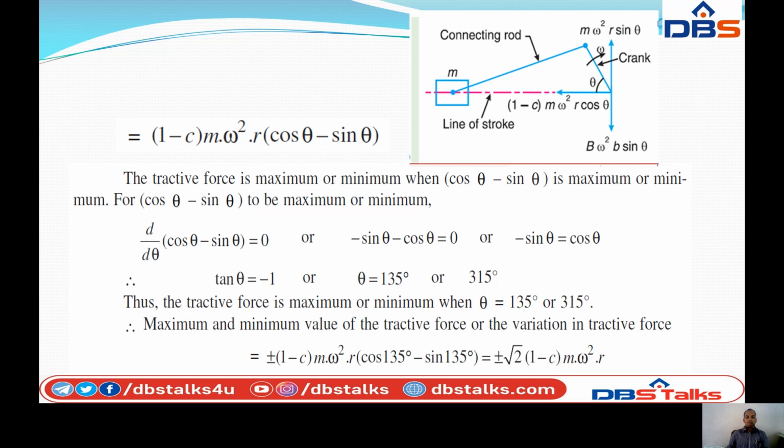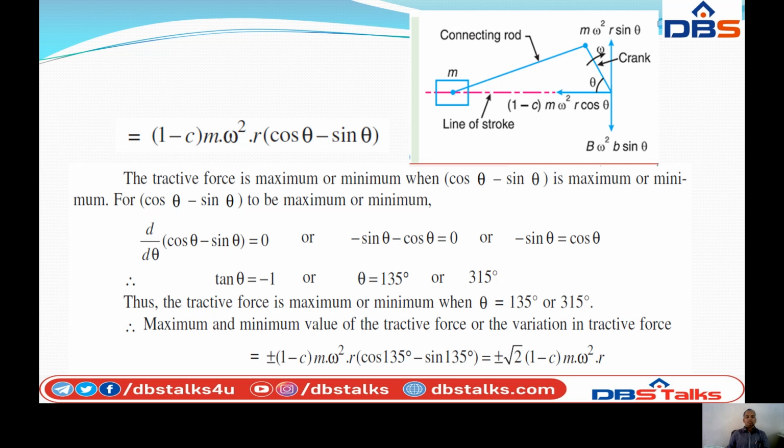Finally tan theta equals minus 1, so theta equals 135 degrees or 315 degrees. Thus the tractive force is maximum or minimum when theta equals 135 degrees or 315 degrees.